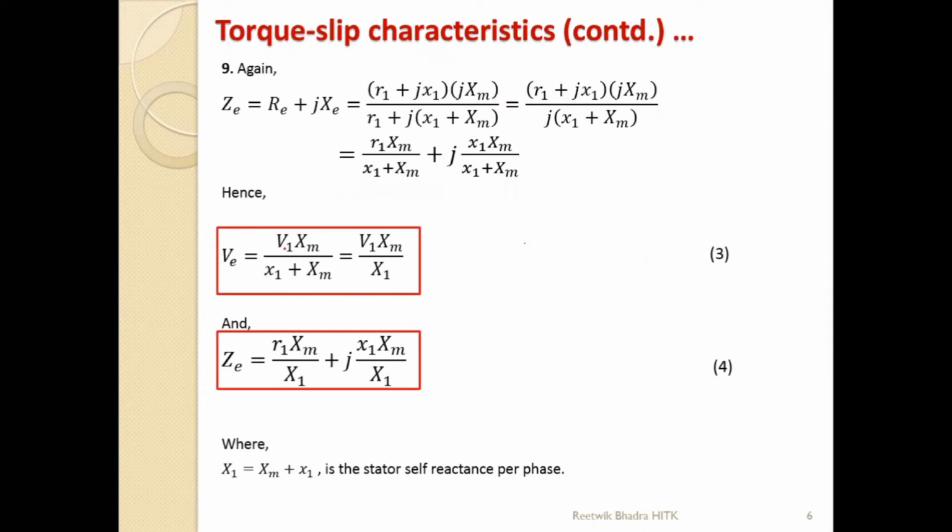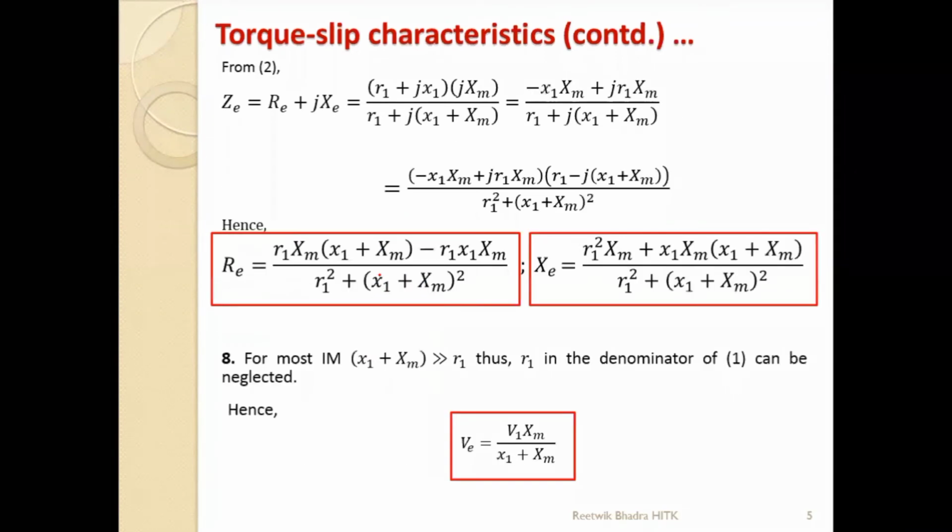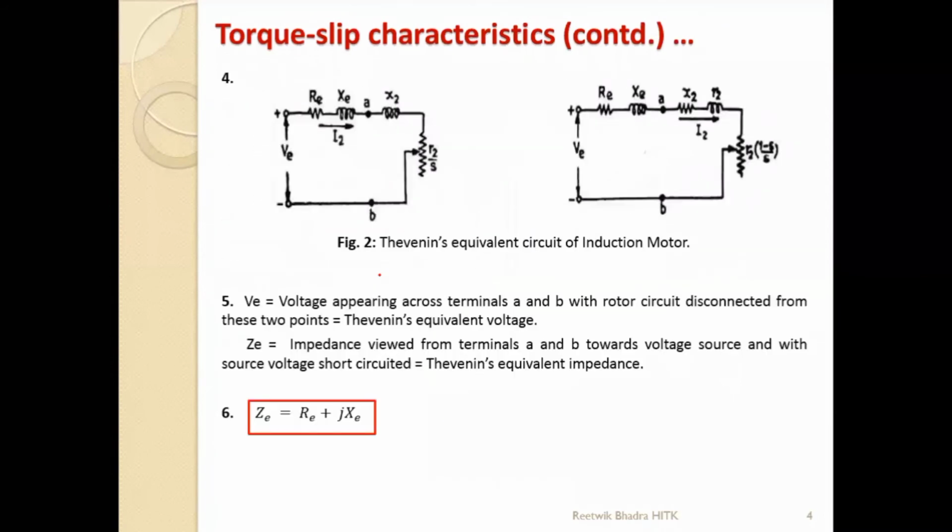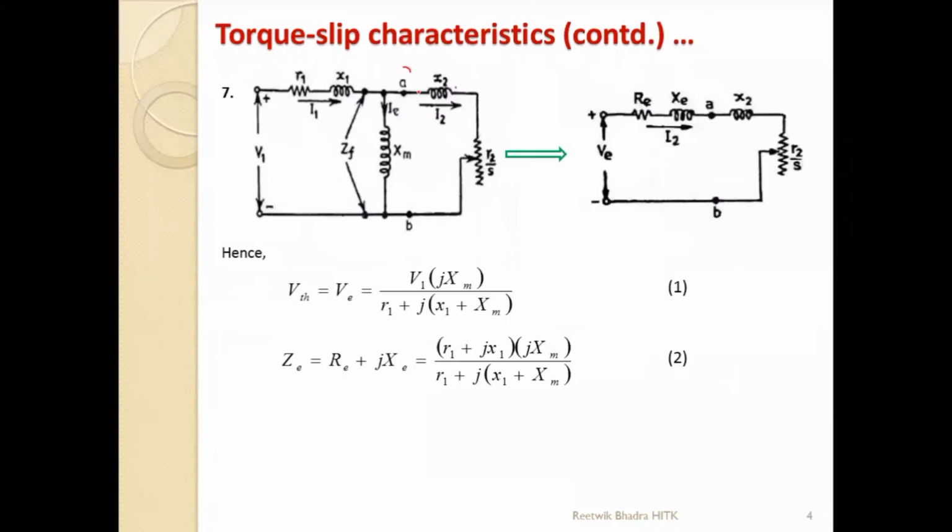So VE, which was written as V1 Xm by X1 plus Xm, this X1 plus Xm can be considered as X1, the stator self-reactance per phase, and can be replaced by X1. So this is the standard formula with neglecting your R1. See this circuit over here: if you remove this X1 and X2, only this part of the circuit remains. So this is basically your stator side only.